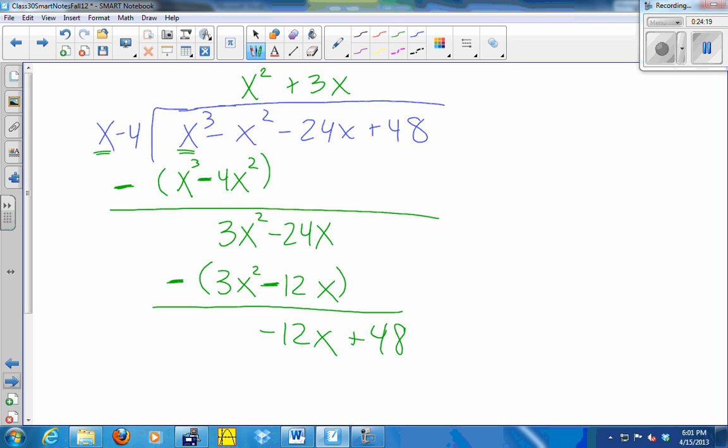You say x times what would give me negative 12x? Negative 12. And then you take your negative 12 and you multiply times the x minus 4. Negative 12 times x is negative 12x. Negative 12 times negative 4 is positive 48. And then I subtract.